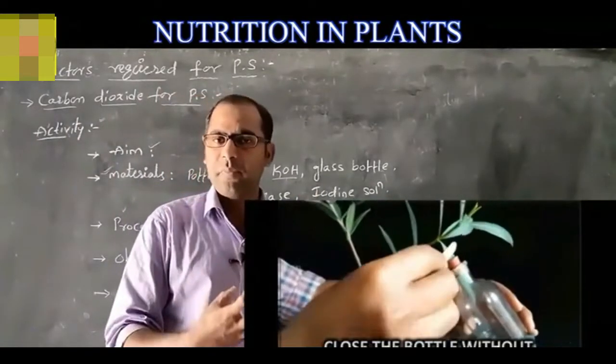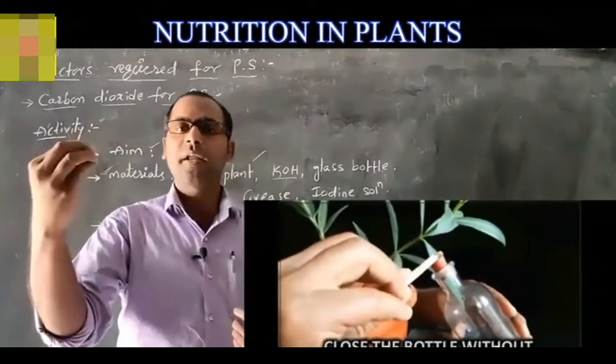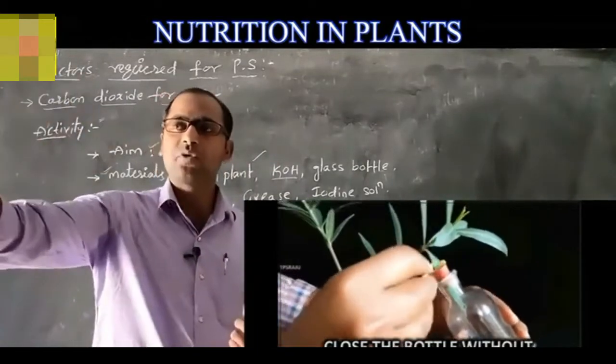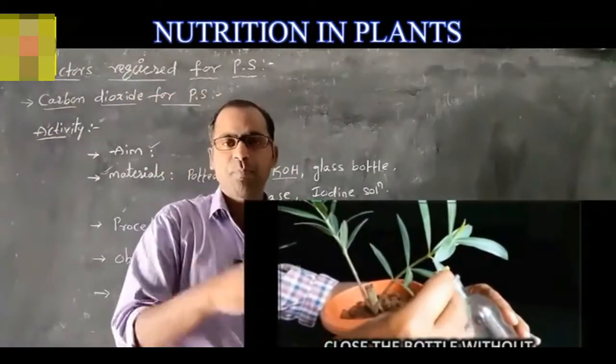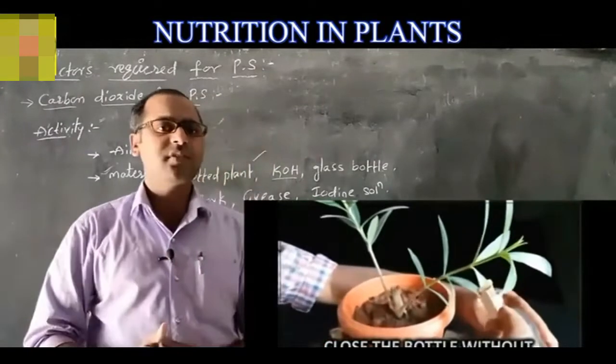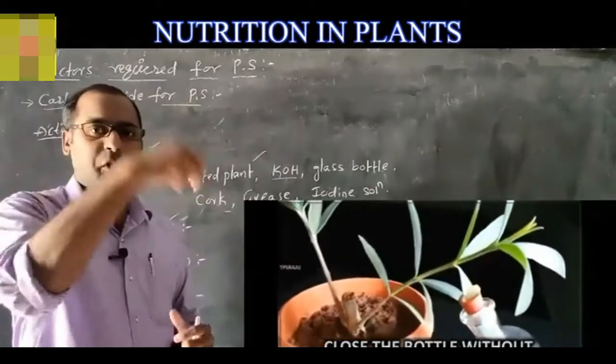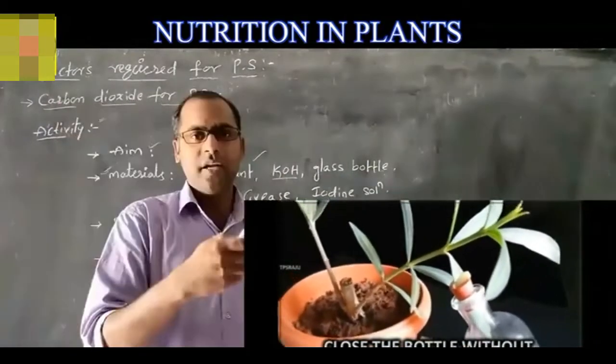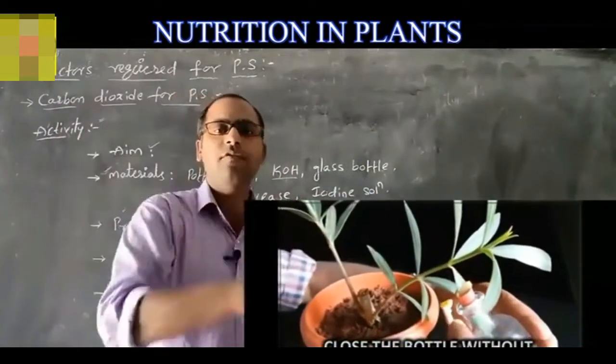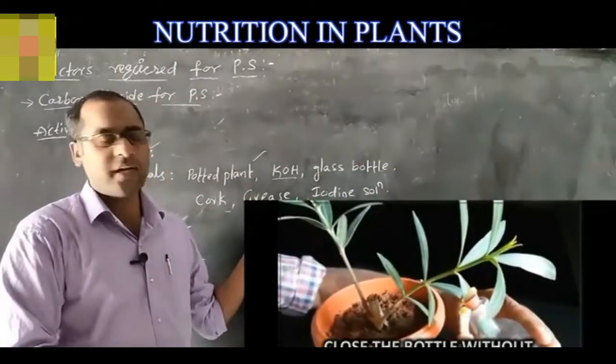Our experiment is to know whether carbon dioxide is required or not. If atmospheric carbon dioxide enters into the bottle, there is no use of this experiment. So that is why we should apply grease where the bottle mouth is closed with the split cork. Hence we can prevent complete entry of air into the bottle, right?